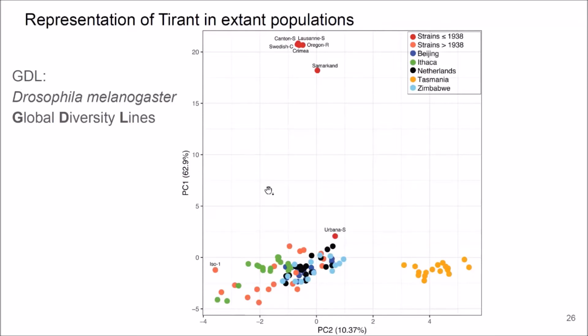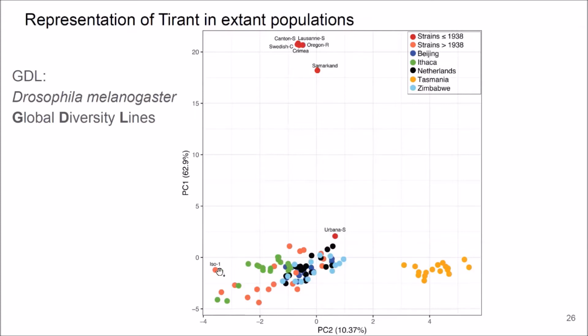So basically, these are fly populations sampled from 5 different continents: Beijing in Asia, Ithaca in the United States, so the Americas, Netherlands in Europe, Tasmania, which is close to Australia, an island, and Zimbabwe representing Africa. And you can see that the old laboratory strains that do not have active Tirant, the consensus Tirant, cluster very differently from the other strains.